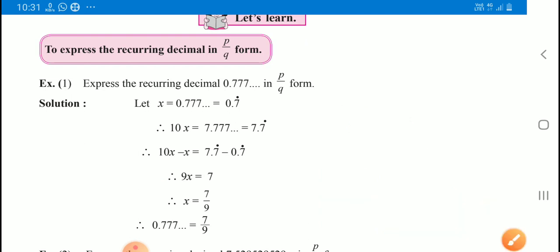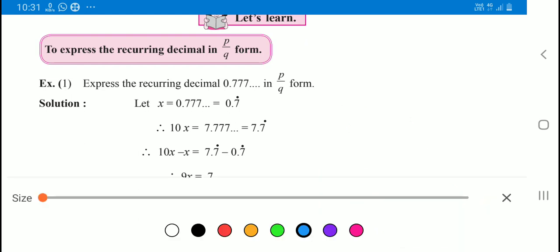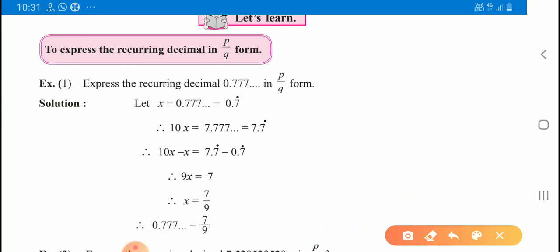So here the answer is 9x is equal to 7. So what is the value of x? x is equal to 7 upon 9. So we have expressed the recurring decimal 0.777 and so on in the form of P upon Q, that is 7 upon 9.